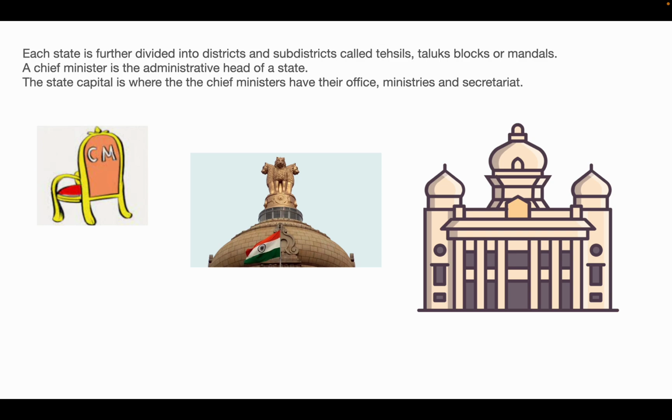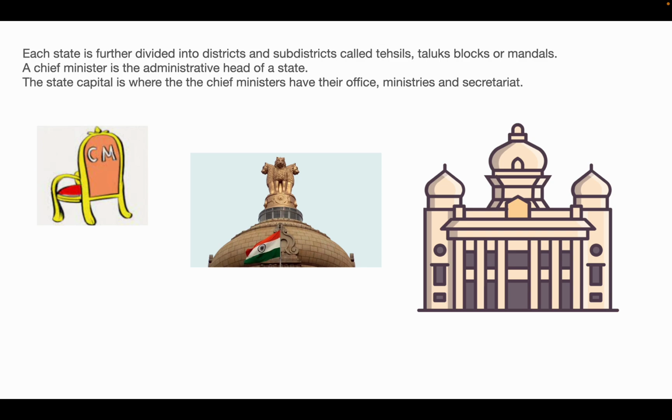Each state is further divided into districts and sub-districts called tehsils, taluks, blocks or mandals. Now, why it is done is, as a country we are really vast and large, right? For administrative purpose, we have divided the whole country into states and union territories.